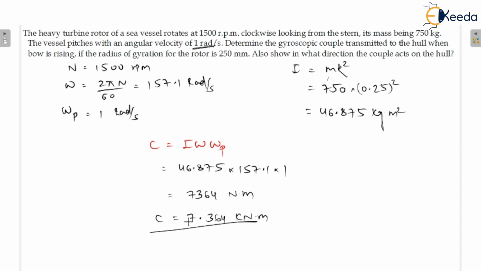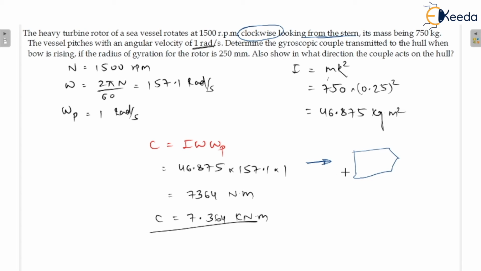However, we have to calculate the direction, or you can say the effect of this couple. We need to understand the conditions given in the question. A turbine rotor of a sea vessel rotates clockwise. This is an important term, clockwise, looking from the stern side, the rear end of the ship.